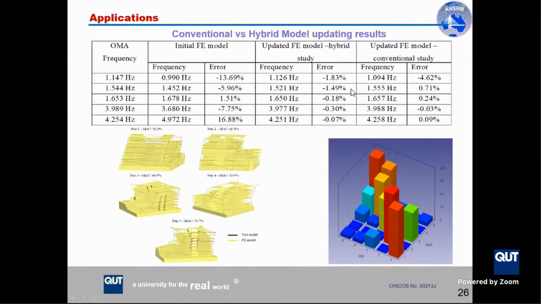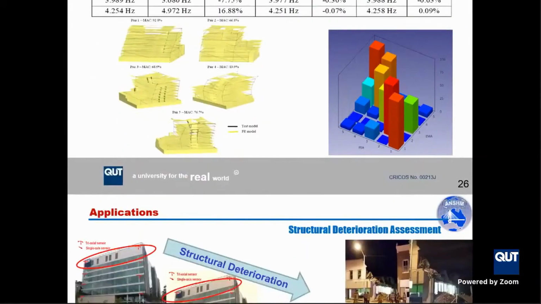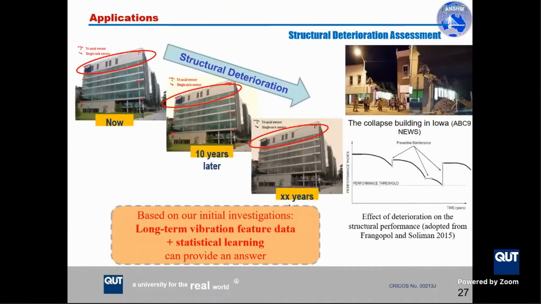For example, if you look at the first frequency, the error of the proposed method is only 1.83%, while the conventional method had an error of 4.62%, which is a very good improvement of the hybrid method. So that is the model updating of the structures at a particular period of time.